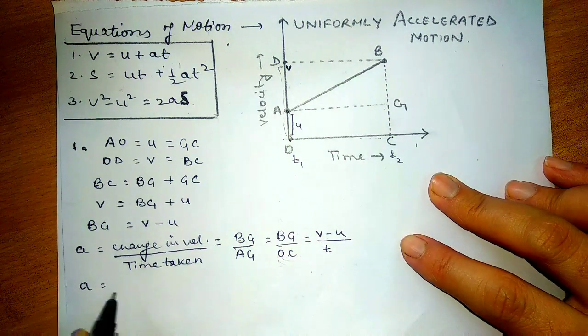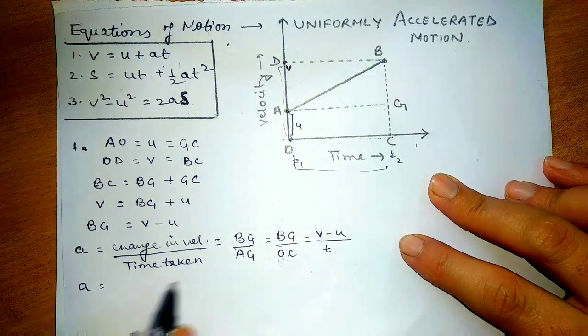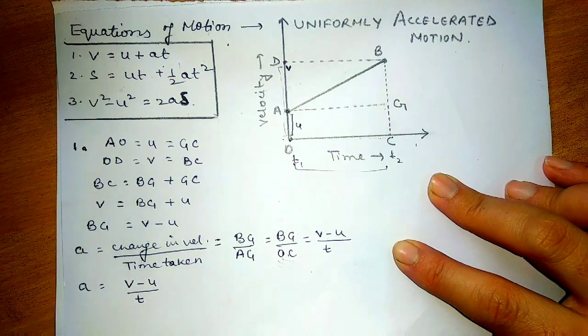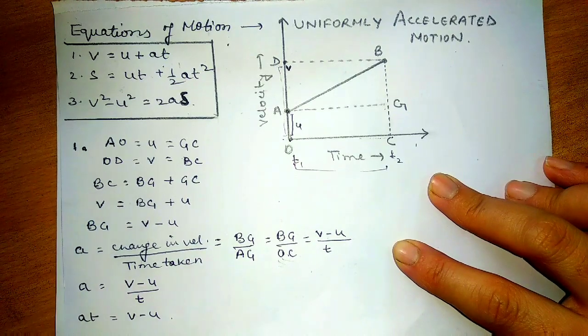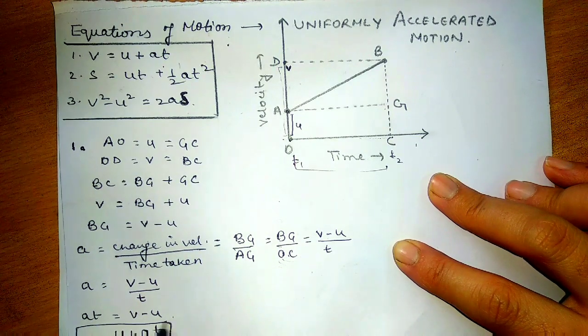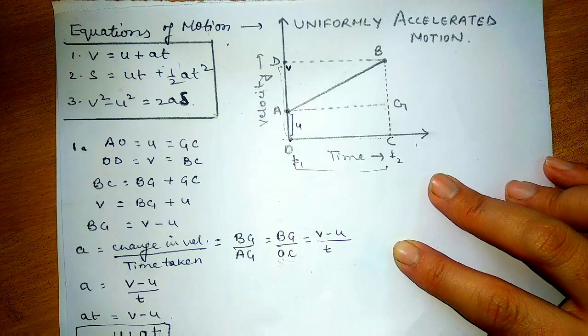Since T1 is 0, the time taken is t. So I can write a is equal to v minus u divided by t. That means at is equal to v minus u, or v is equal to u plus at.